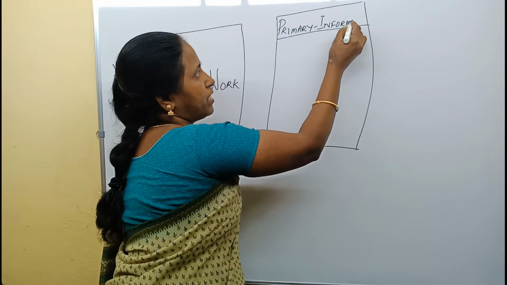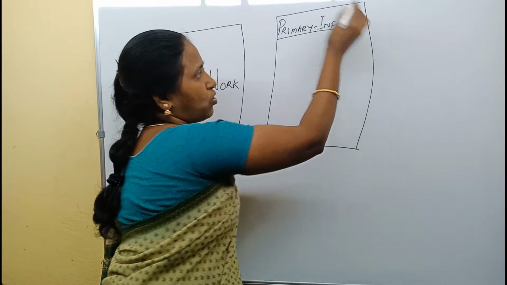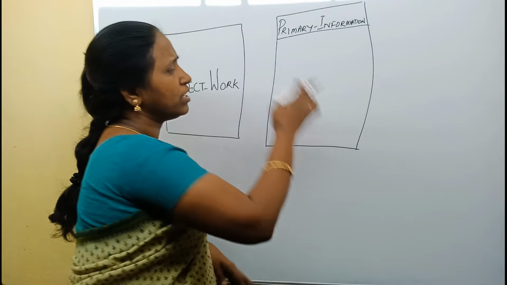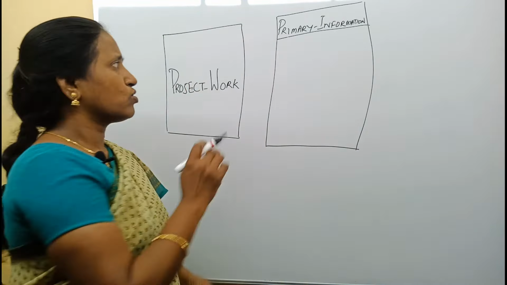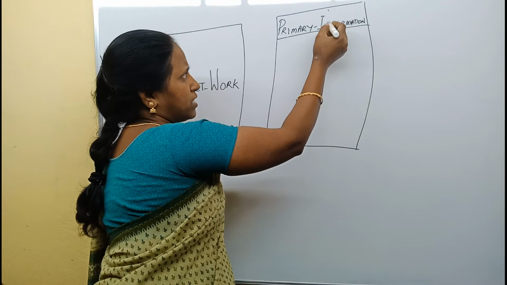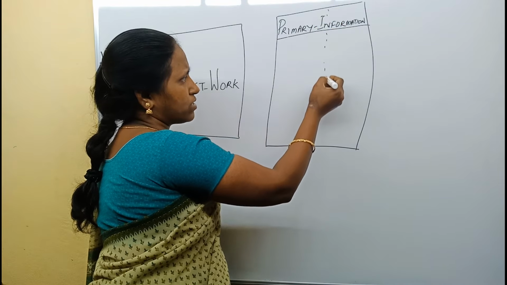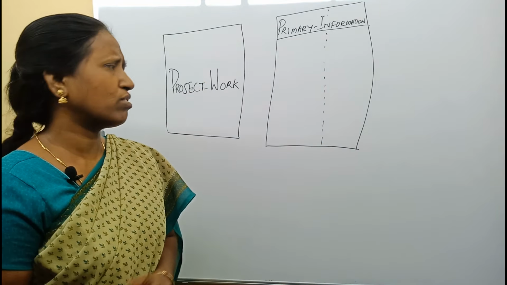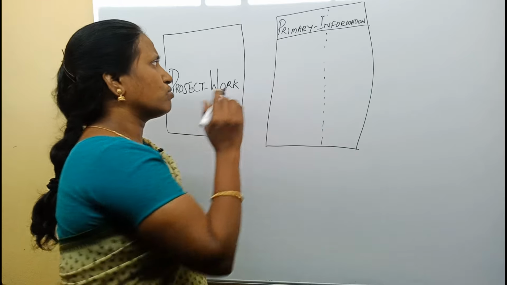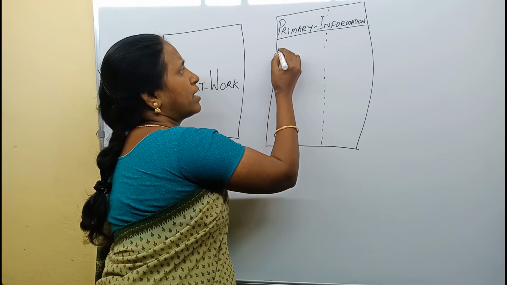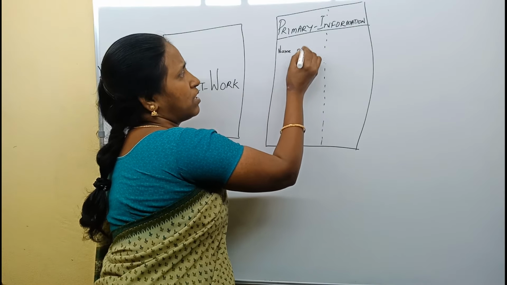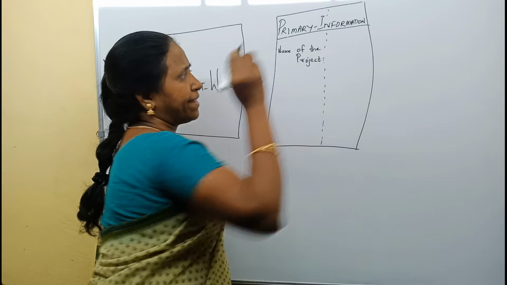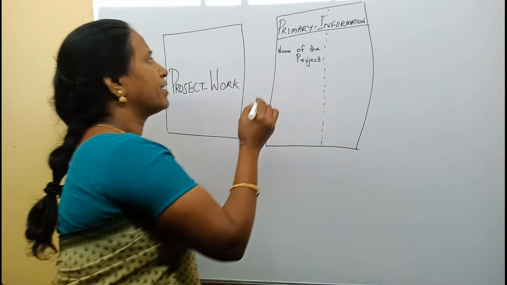To find the center, you just fold the page and get to know the center of the page, or you can draw it with a pencil, that's not a big deal. Then you start with the first one, that is the name of the project. And second, you write the date of the project.